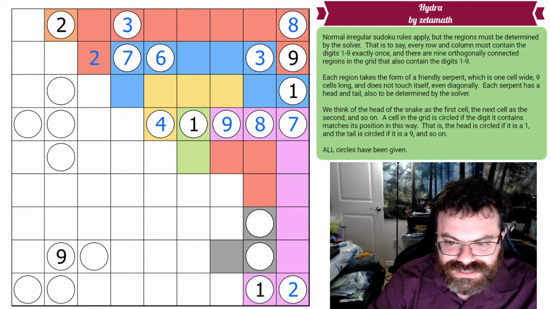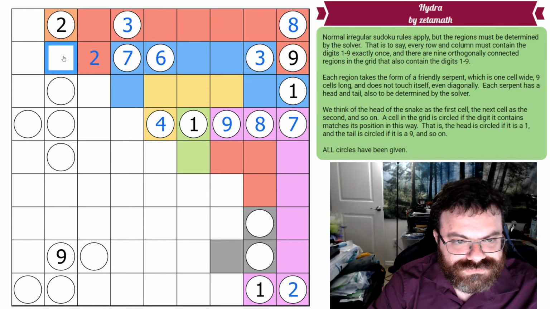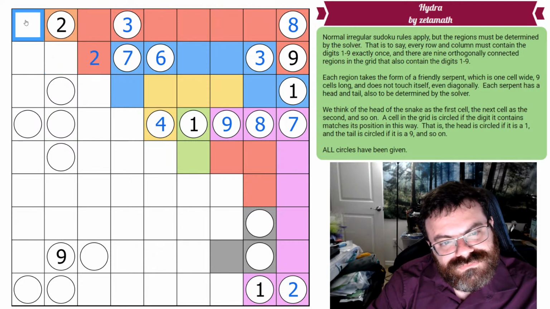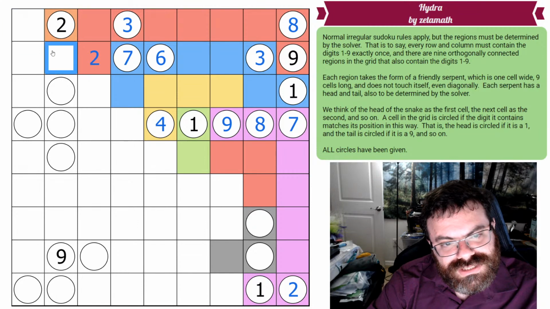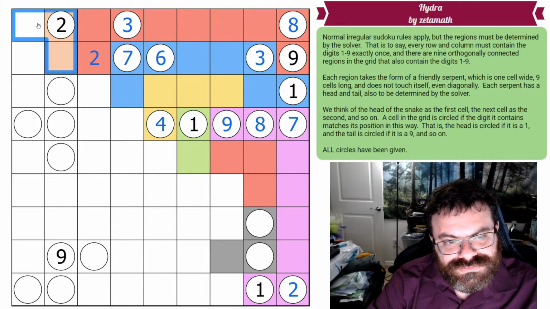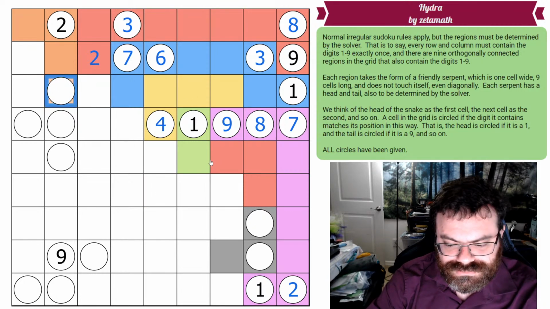Let's just use red for that. Where does orange start, I guess, is the question. If orange started here, it would immediately get stuck. So that means it's starting here, coming down this way. It has to come down one more. So this is a 4.